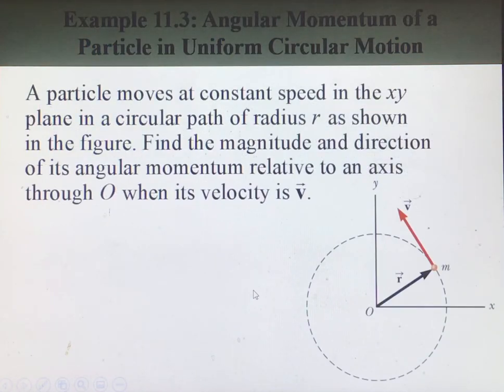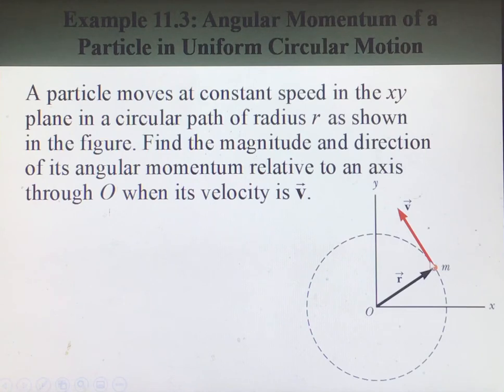All right, so let's look at example 11.3. This is the angular momentum of a particle in uniform circular motion. A particle moving in uniform circular motion means that the angular velocity is constant. The angular velocity is not changing.